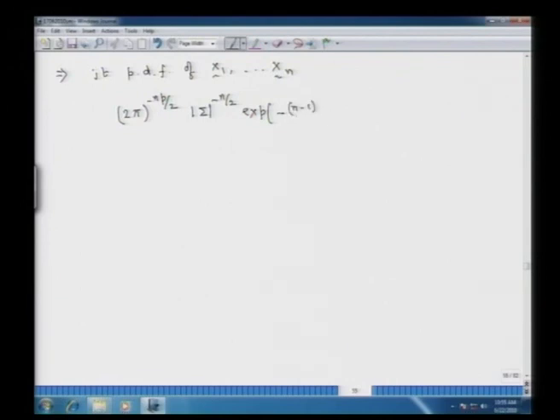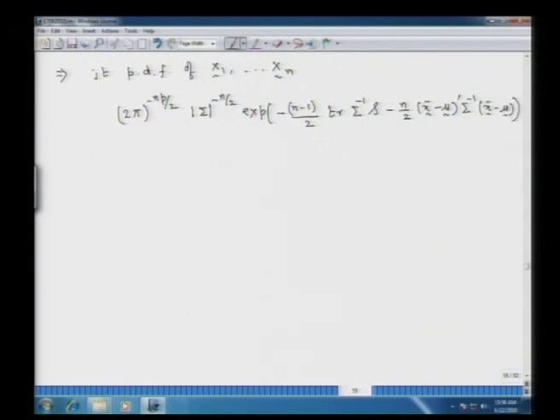That is minus n minus 1 by 2 trace of sigma inverse S, where S is the matrix we defined in the last slide, minus n by 2 times x bar vector minus mu vector transpose sigma inverse x bar minus mu.